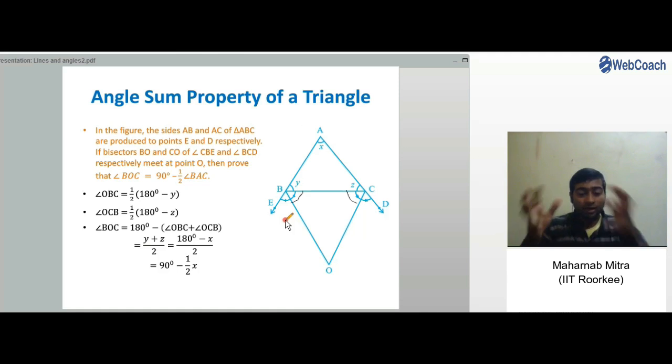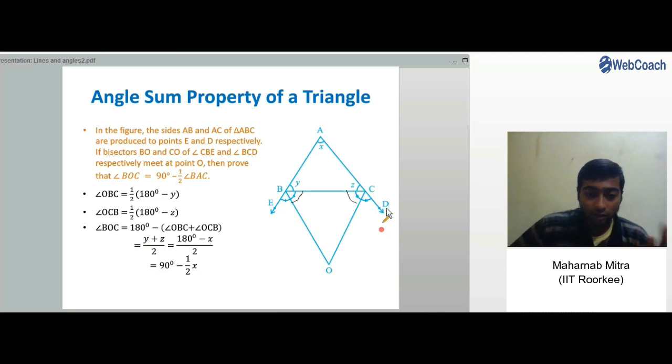By putting in the values and calculating it, we end up with the value y plus z by 2, and y plus z can be written in terms of x as 180 degree minus x, and therefore by calculating further we end up with the result we want, which is 90 degree minus half x, or 90 degree minus half angle BAC.